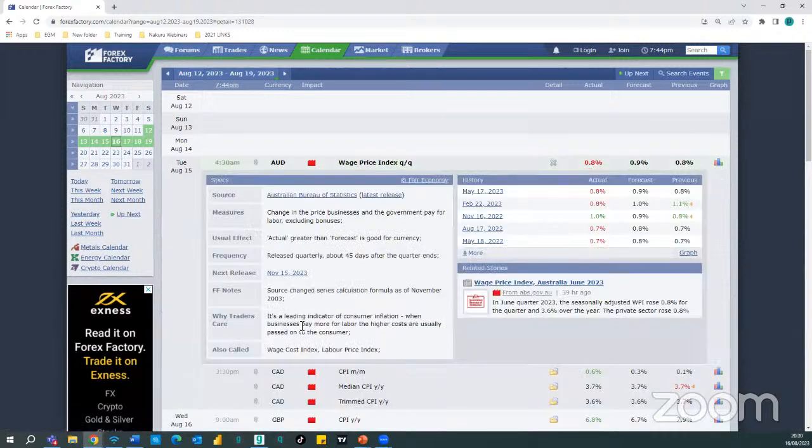and you can understand a little bit why traders care, because it's a leading indicator of consumer inflation. When businesses pay more for labor, the higher costs are usually passed on to the consumer. So you can go check and see why the traders care and also look at the previous data.